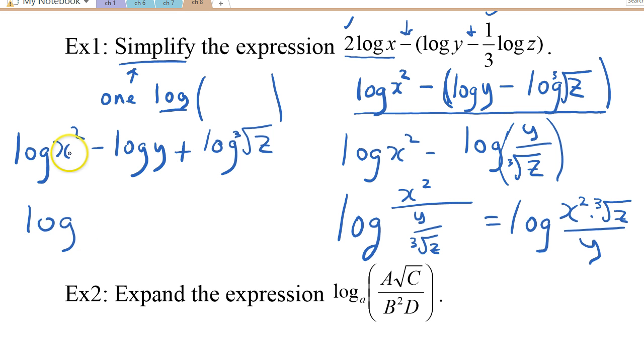I can think of whenever this expression's positive, it's going to be in the numerator. And whenever the expression's negative, it's going to be in the denominator. Okay? And also you could, if you wanted to, instead of writing that cube root of z, depending on what you like, write it as z to the 1/3.